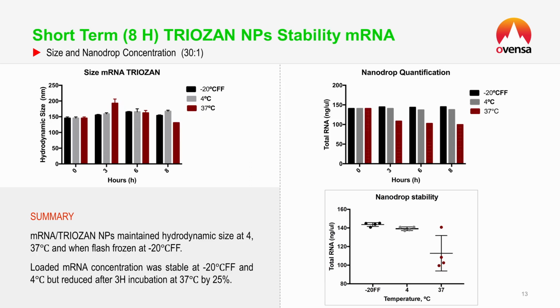Based on our experience, if we have anything above 400 or 500 nanometers, you don't have the biological performance you would have with stable small-size nanoparticles. So here is an example showing that we have done -20 flash freeze, 4 degrees, and 37 degrees, and at 37 degrees, it slowly degrades.